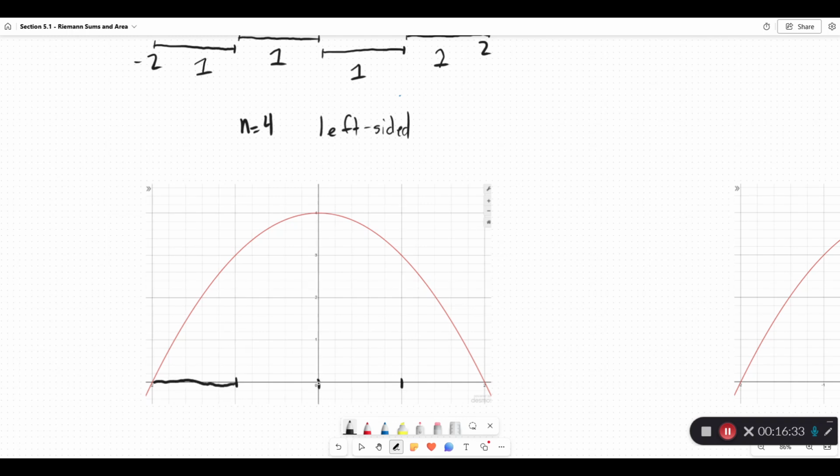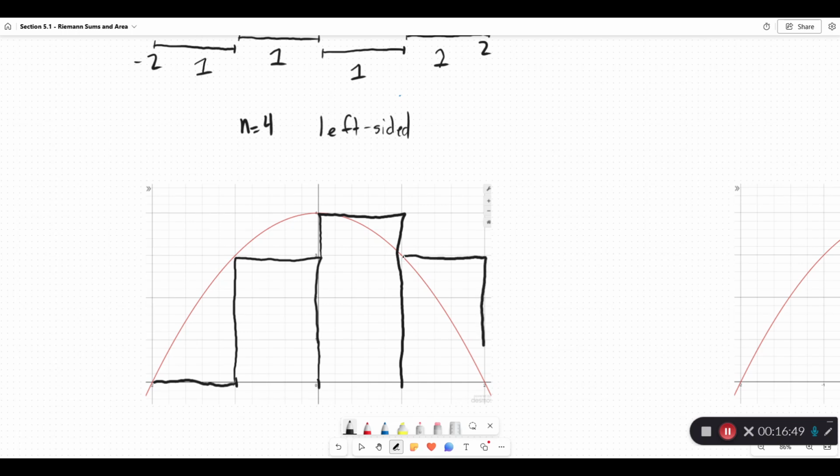So we go up on the left-hand side, and then we go over. Okay, so here's R1, R2, R3, and R4. Left-sided, notice the left edges are touching them.